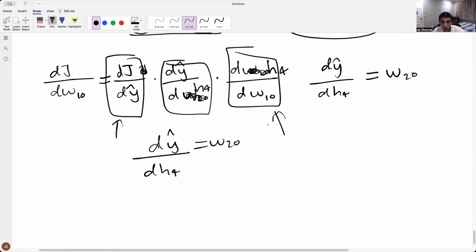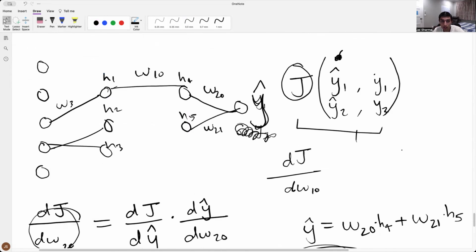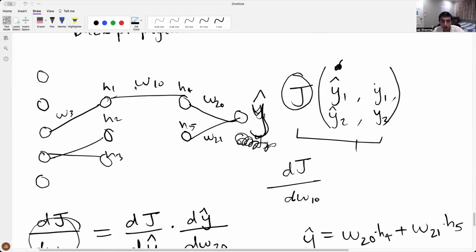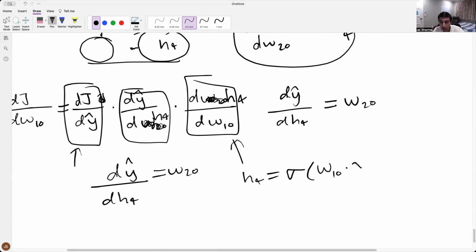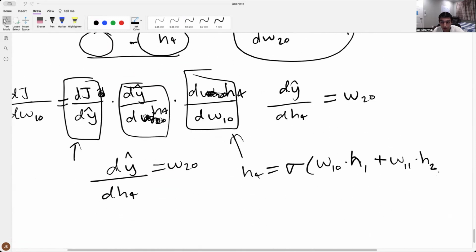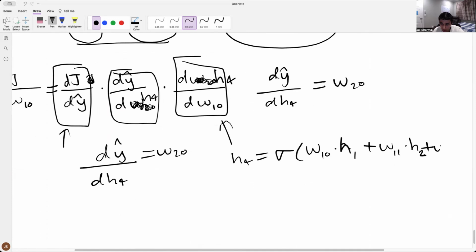And then this thing would be, let's say H4 was equal to sigmoid of W10 times H1 plus W11 times H2, hopefully I'm doing this correct, yeah, plus W12 times H3.